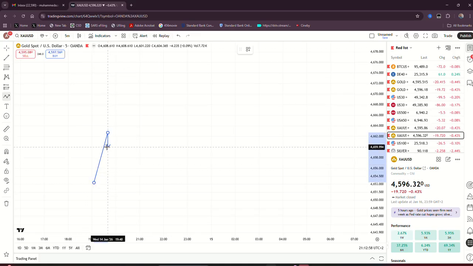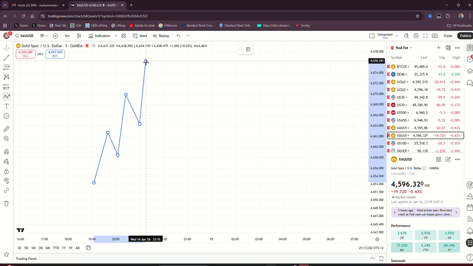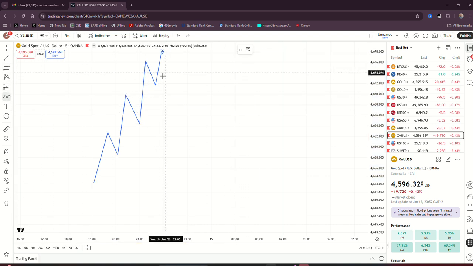So the market can move in three ways. It can move in an uptrend like this. That's your uptrend. Most of you should know this by now. In an uptrend, we're creating higher highs, higher lows, higher highs, higher lows. In the downtrend, it's simple.